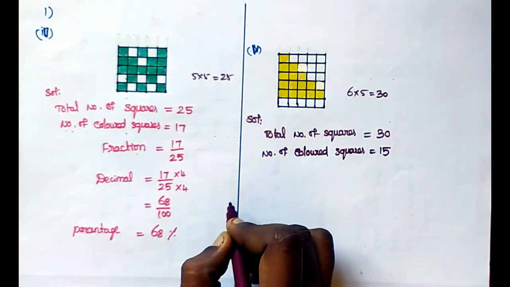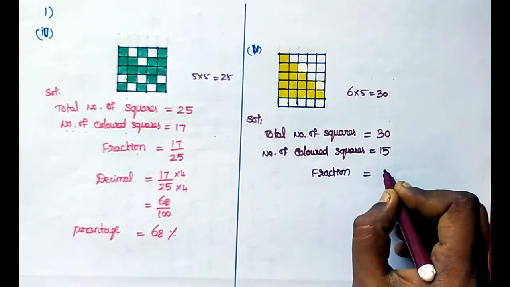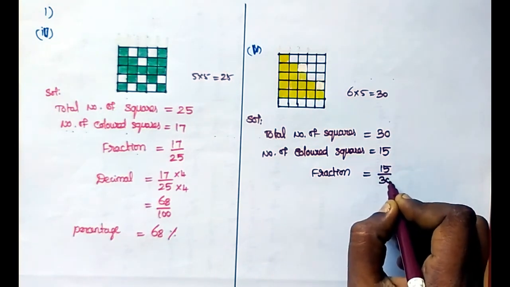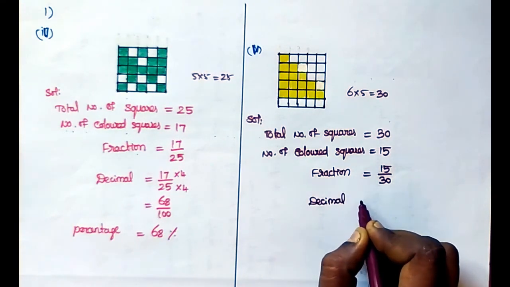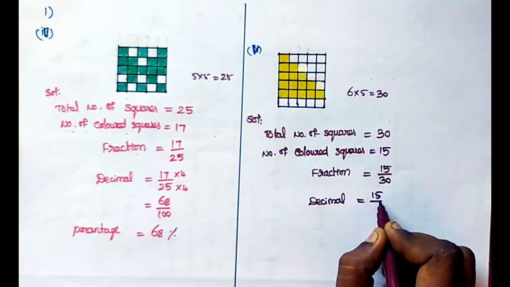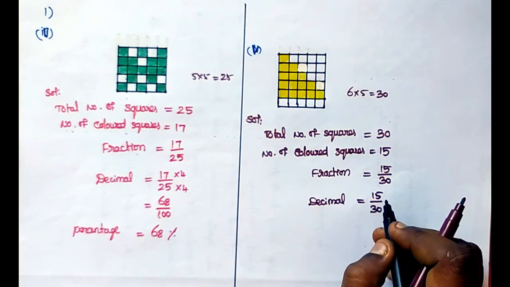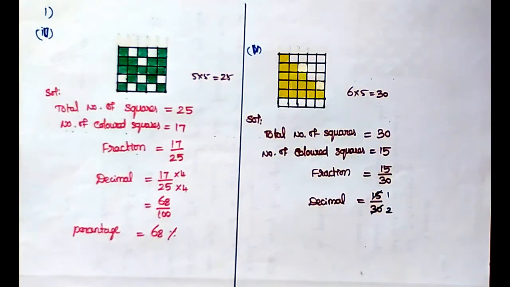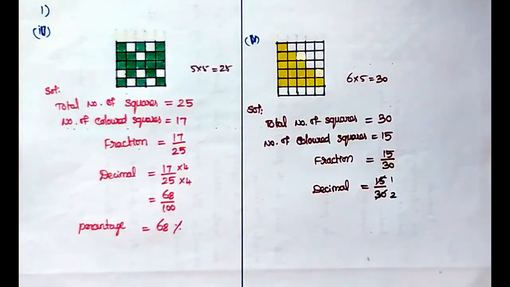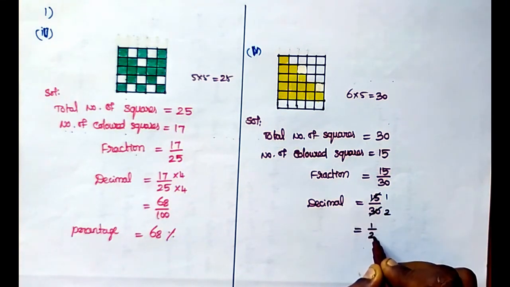So 15 were colored. Now in fraction, 15 divided by 30, and decimal equals 15 divided by 30. We can cancel this number by the 15th table. 15 1 is 15, 2 15s are 30. Now 1 by 2.